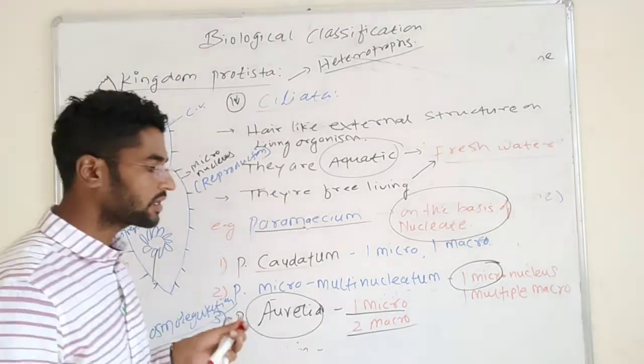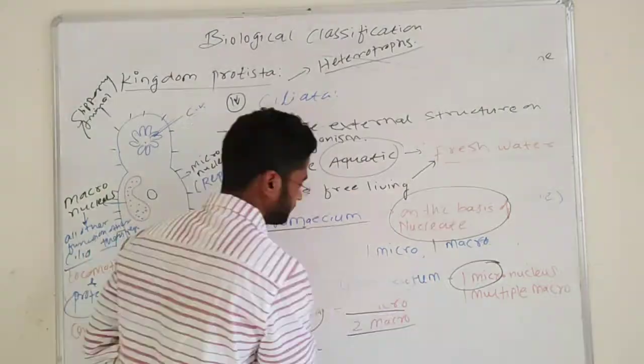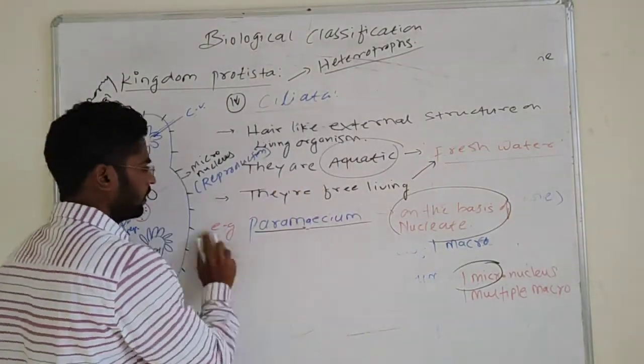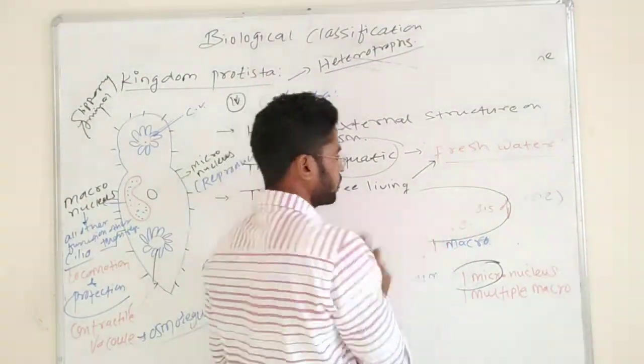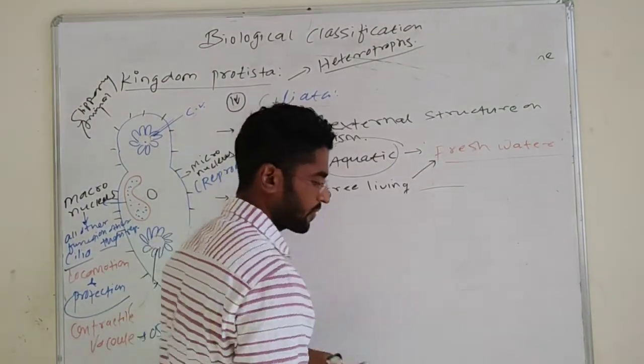Now the most important part of this paramecium is reproduction. Paramecium undergoes two types of reproduction.